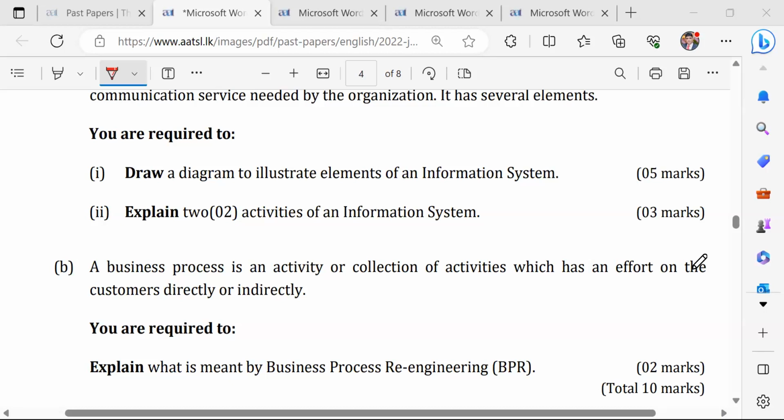Then storing data: information systems store data and information to retrieve for future usage. Like that, you have to give a small description, not a big description. Don't try to write pages, just a 3 line description is enough.